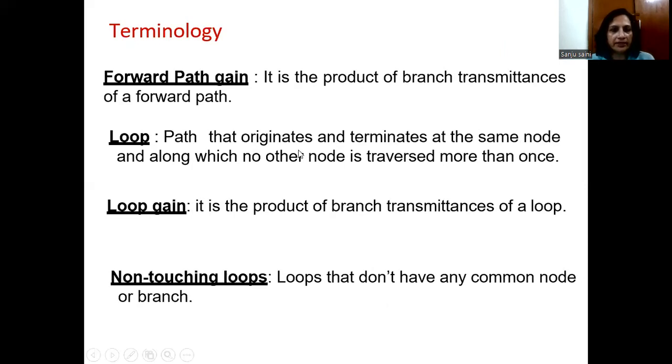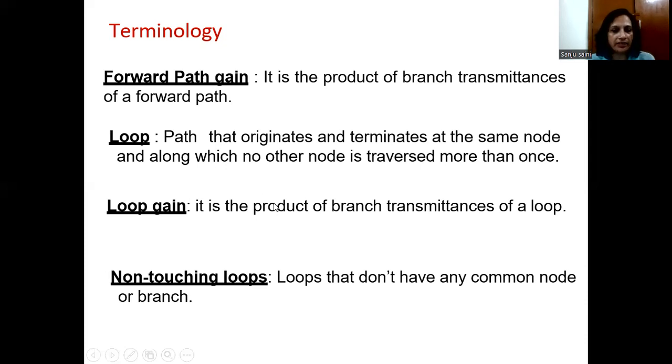Then forward path gain. Within a forward path, we'll have a number of branches. So each branch will have a gain or transmittance associated with it. So the product of transmittances of all the branches of a forward path is called the forward path gain. Then another definition is regarding the loop. A path that originates and terminates at the same node and along which no other node is traversed more than once is called a loop.